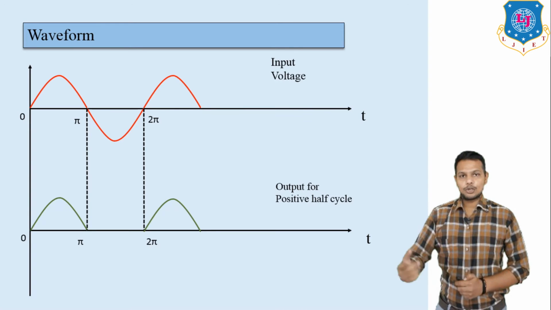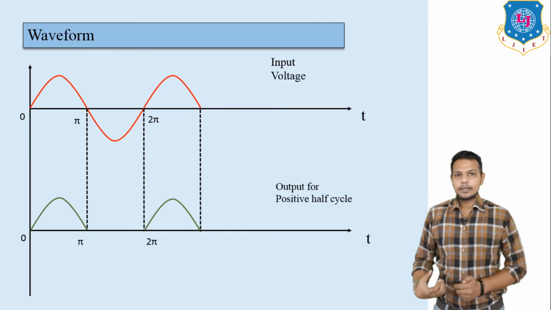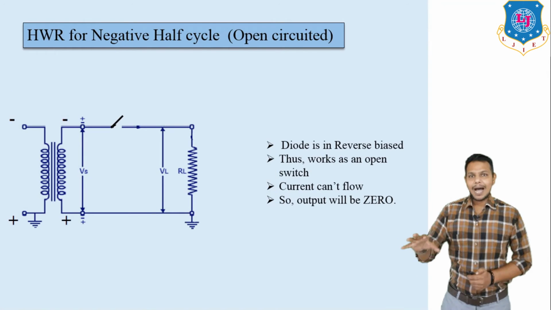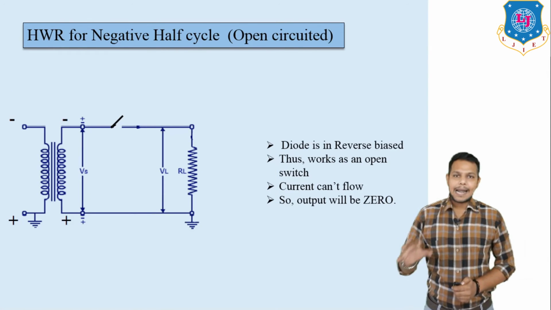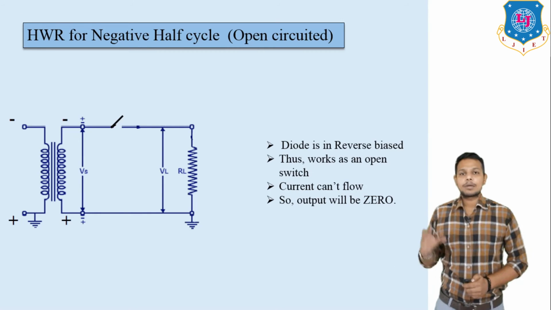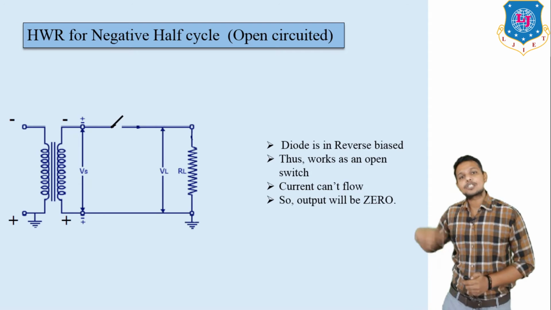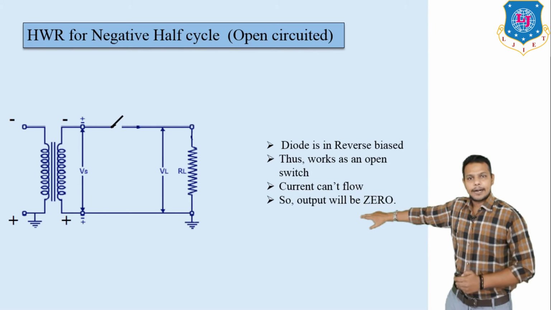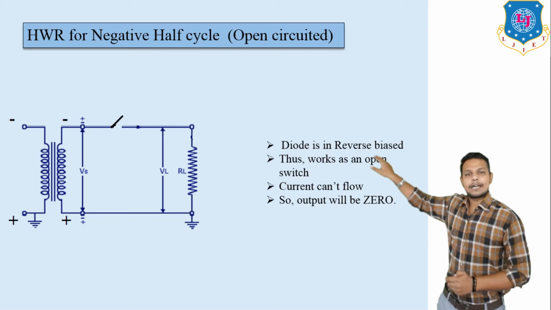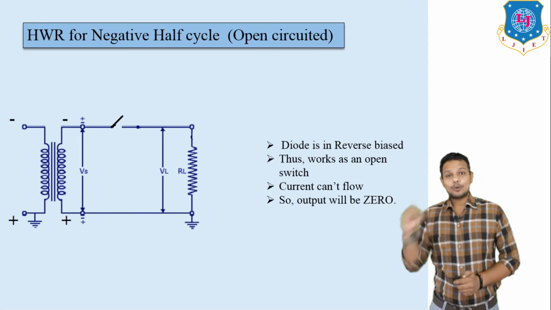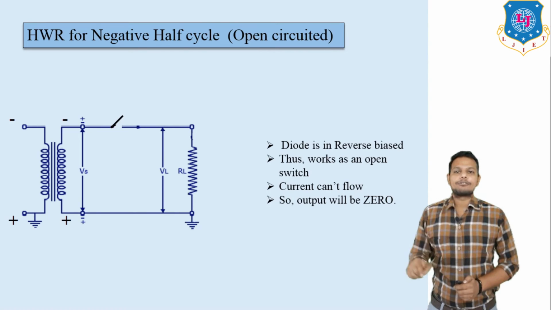Now if you are applying a negative waveform, let us discuss the negative waveform. The half wave rectifier for the negative half cycle is open circuited. Why? Because current always flows from plus to minus. Here in this circuit diagram, current flows from plus to minus, that means current flows in the opposite direction of the symbol of the diode.